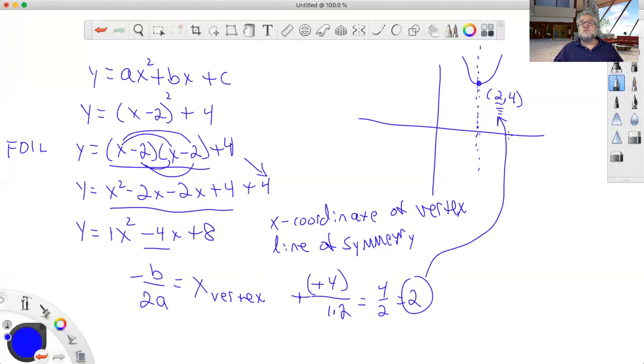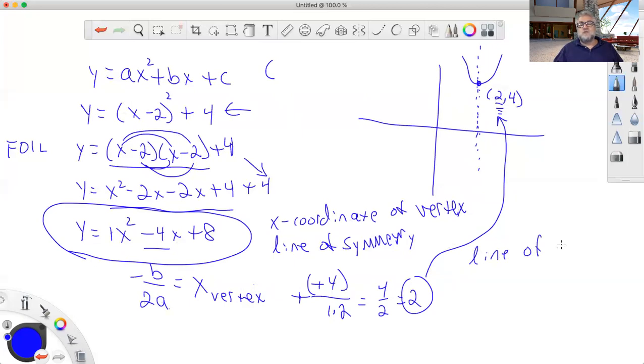It matches our x-coordinate. So if I have something like this, it's not in the point form like we had before, where I can see the vertex is at 2, 4. Well, guess what? They're usually going to be in this form. And so we have to do minus b over 2a to find the x-coordinate of the vertex. And that will also tell us the line of symmetry.